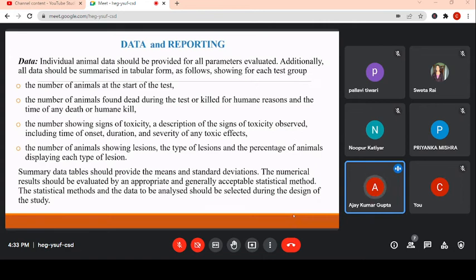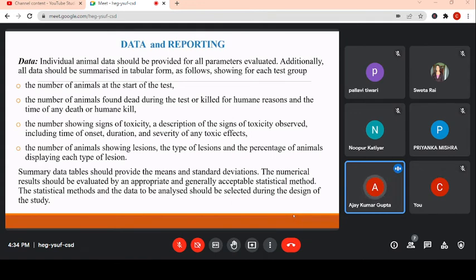Summary data tables should provide the mean and standard deviation, of course, if applicable. The numerical result should be evaluated by an appropriate and generally acceptable statistical method, which might be studied by you people during the PhD program and before in the PG program.